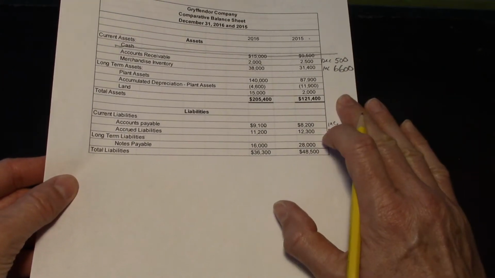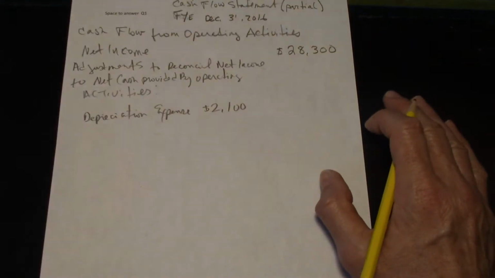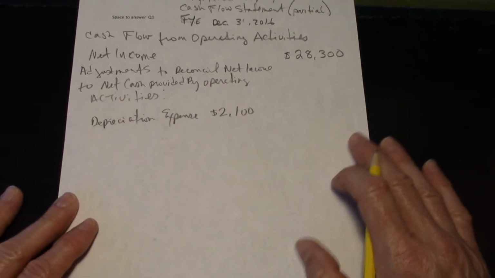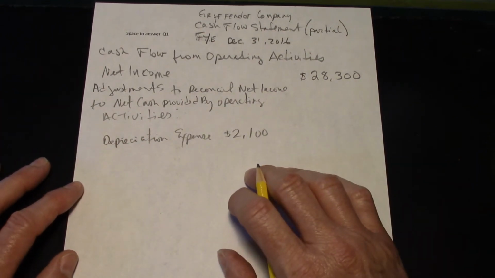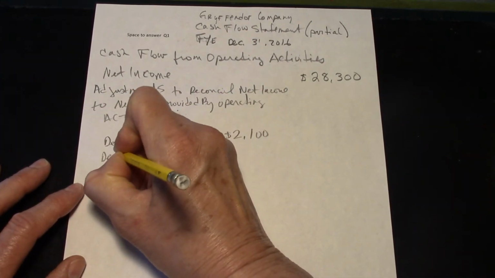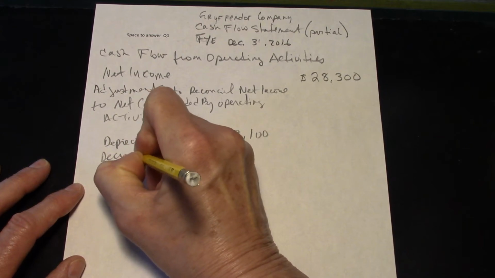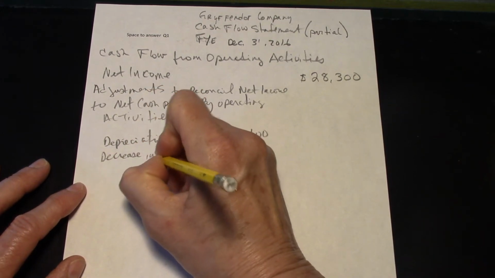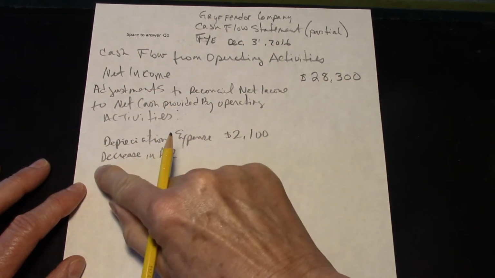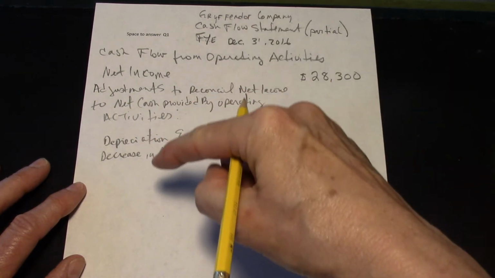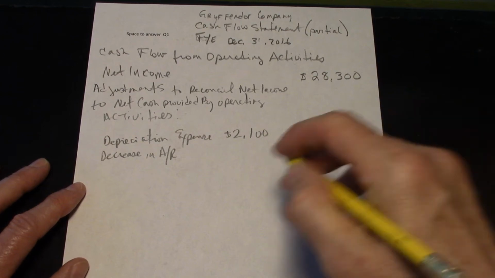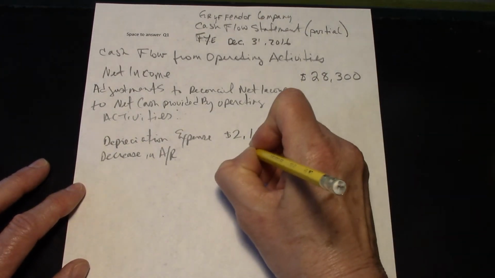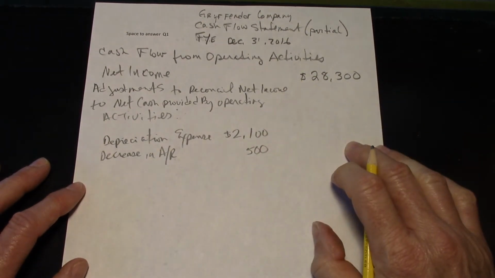So, here we go. We've got our changes in operating assets and liabilities. We're starting with the assets. We've got a decrease in accounts receivable. When a current asset decreases, you add it. So that decrease in accounts receivable is positive, that's an add.